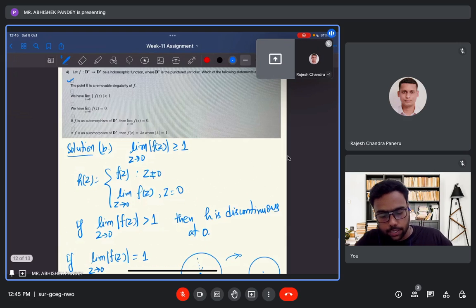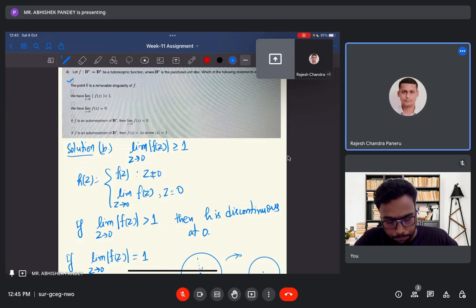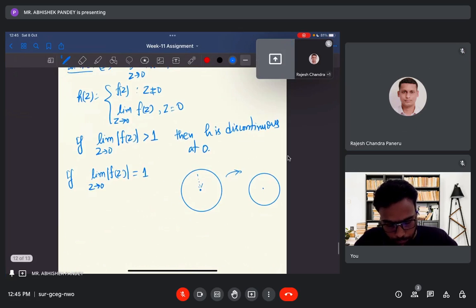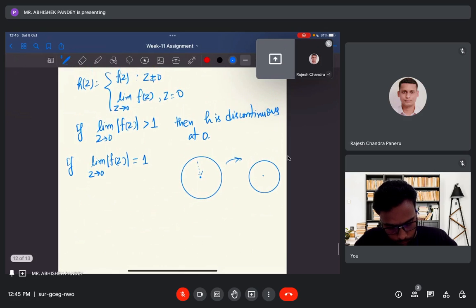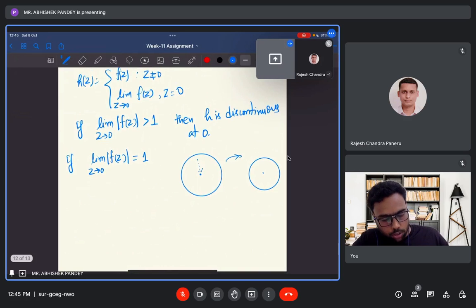As we know, any holomorphic function maps open set to open set. Any holomorphic function is an open map. Is it clear? Yes, sir. So once you take any open deleted neighborhood of 0, this should go to an open set.